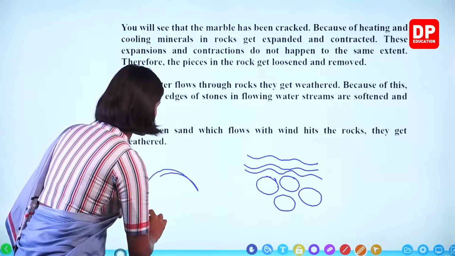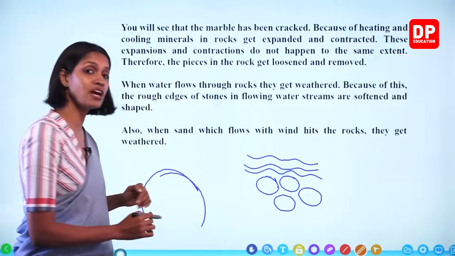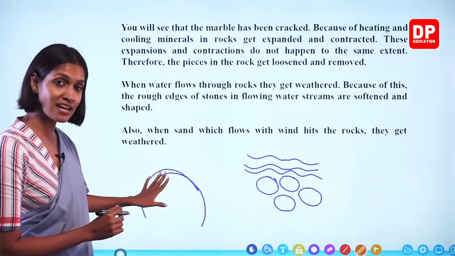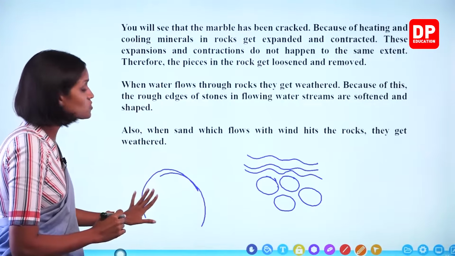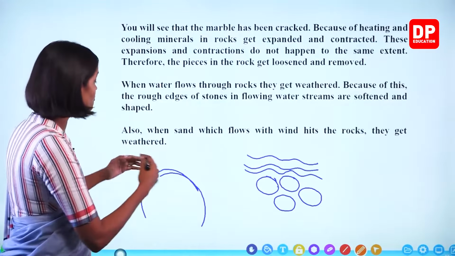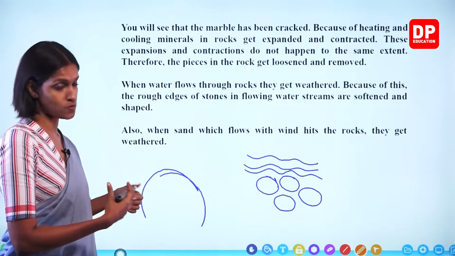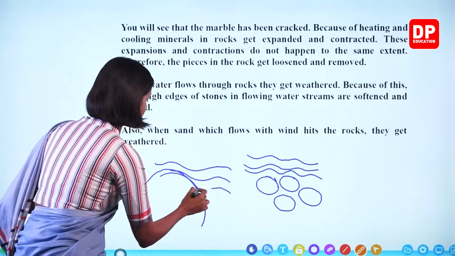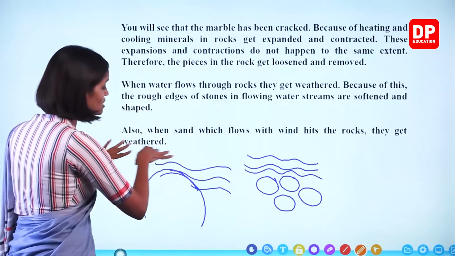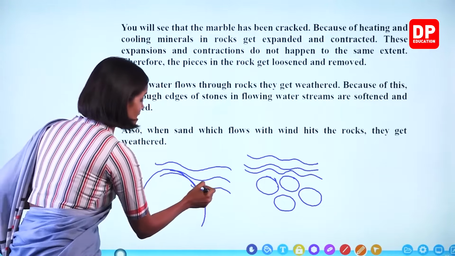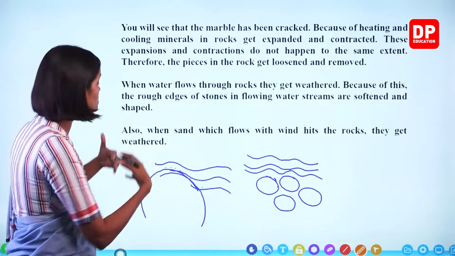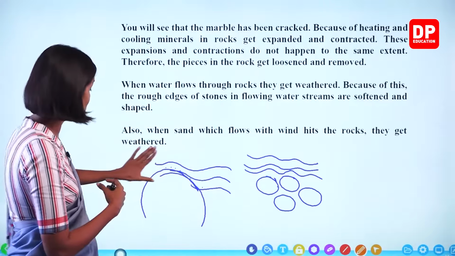Let's say there are huge rocks. Most of the time these huge rocks are present in desert areas, and their surface is also very smooth because they're frequently exposed to sandstorms, right? When the wind with sand particles flows over these rocks, what happens? This wind carries tiny sand particles. Because of the speed of these sand particles, what happens, children?